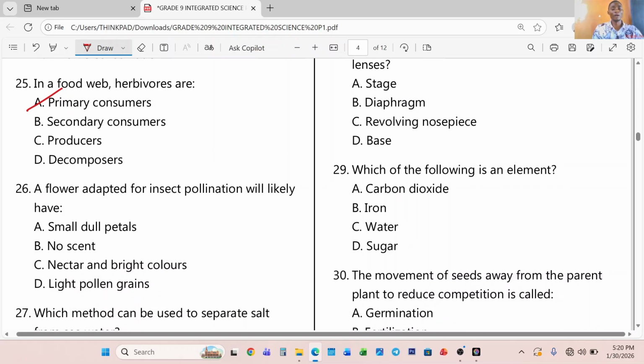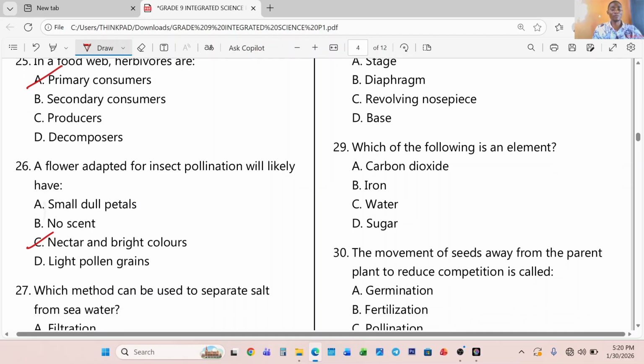A flower adapted for insect pollination will likely have, we have A, small dark petals, B, innocent, C, nectar in bright colors, D, light pollen grains. For insect pollinated flowers, they must have nectar, and they always have bright colors to attract insects. So the correct answer is C.